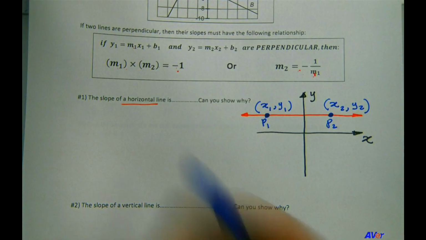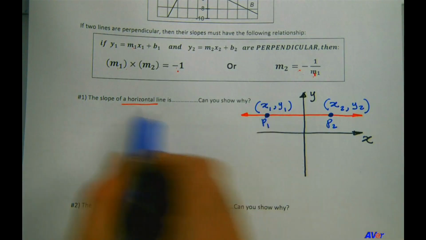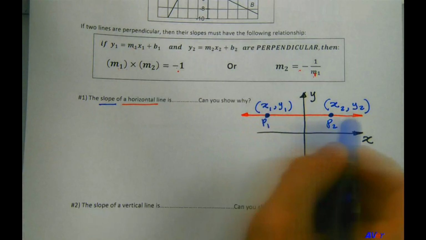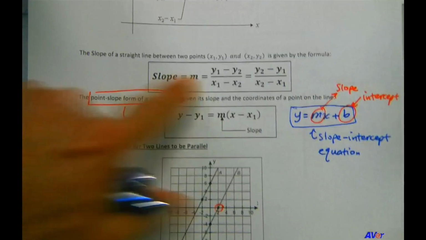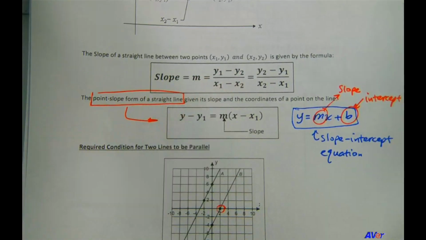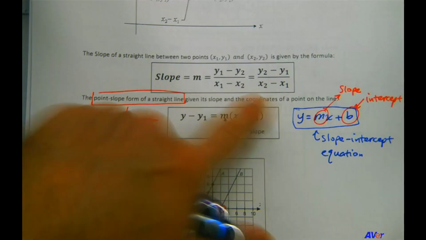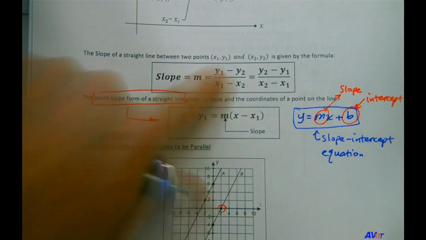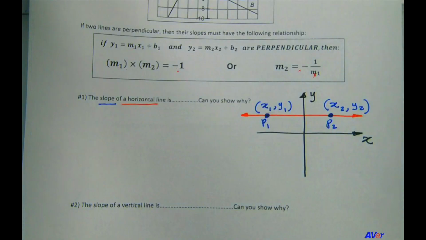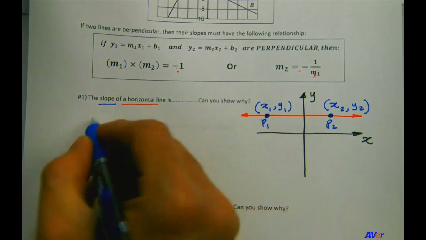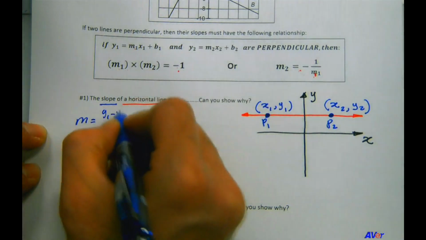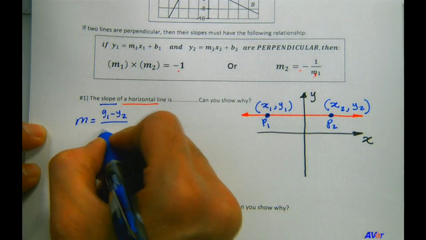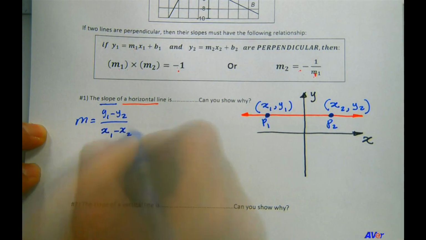So now, if we want to calculate the slope of this horizontal line, we can apply this formula, can't we? y1 minus y2 divided by x1 minus x2, or y2 minus y1 divided by x2 minus x1. We can apply this formula. So let's see what happens. The slope of this horizontal line would be y1 minus y2 over x1 minus x2.